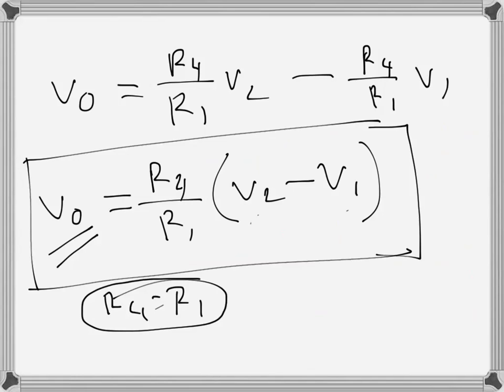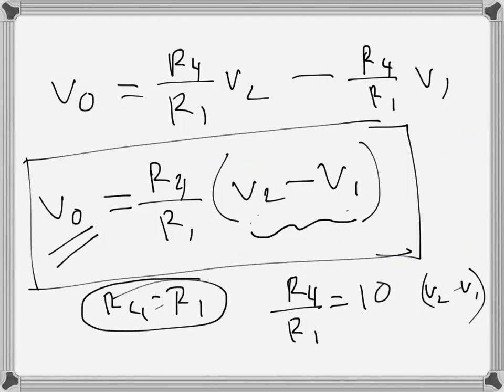We can also make it a differential amplifier, or difference amplifier, whatever. If the ratio R4 over R1 is, say, 10, so R4 may be 10k and R1 1k, then we will have 10 times amplification of the difference voltage, whatever V2 minus V1.